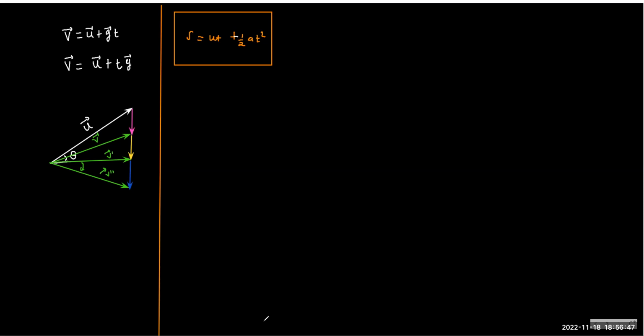So position vector is the position of a point with respect to the origin. It is a vector representing a point with respect to a certain origin, and that is called position vector.